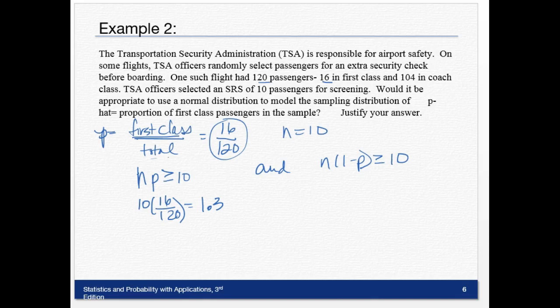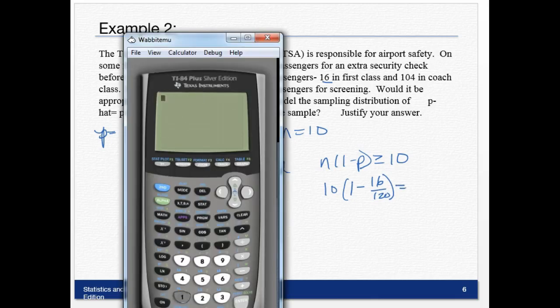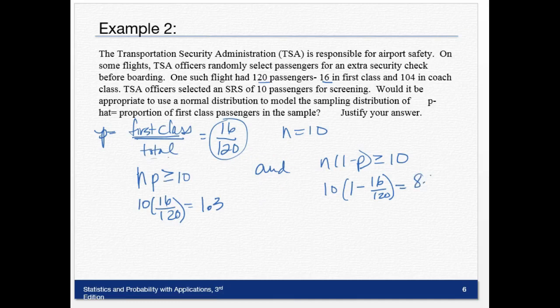Let's look over here. 10 times 1 minus 16 over 120 comes out to be 8.67. Well, we have a problem because this is not greater than or equal to 10. Doesn't work. So it's asking, can we use a normal distribution? No, we cannot.